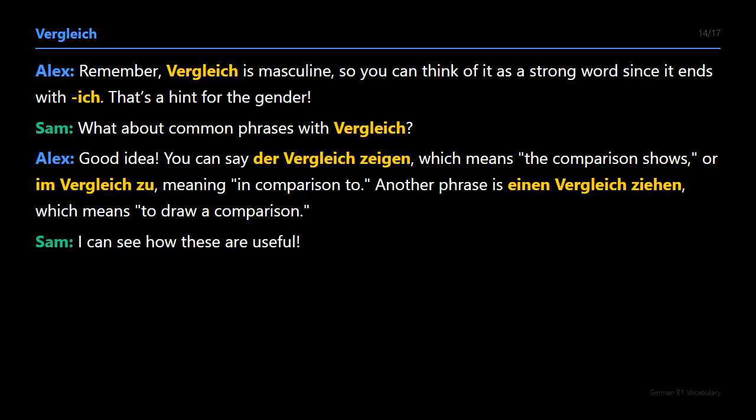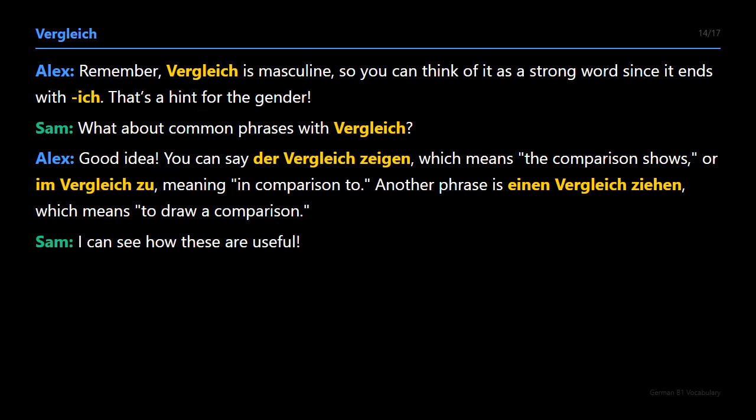Remember, Vergleich is masculine, so you can think of it as a strong word since it ends with -ich. That's a hint for the gender. What about common phrases with Vergleich? Good idea.